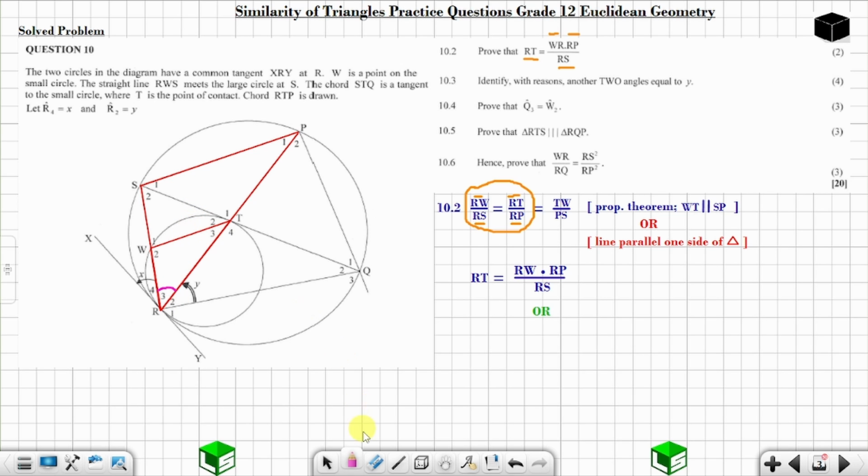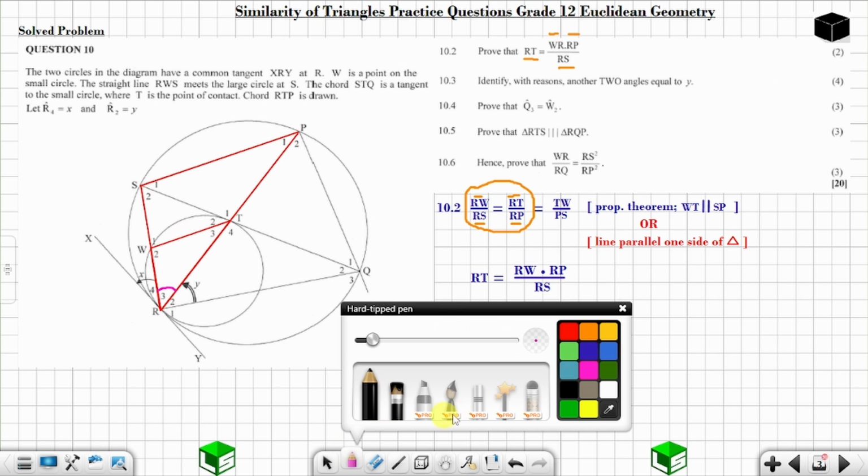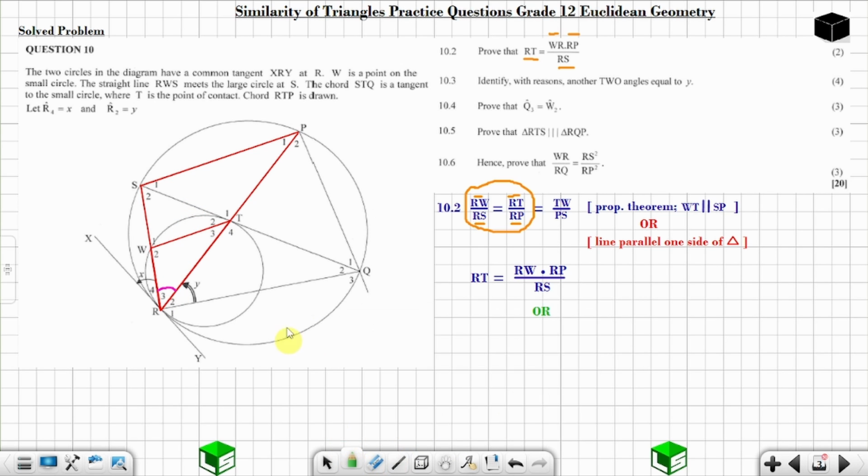And this angle is equal to this angle. This was proven. This angle is equal to x, and this angle is equal to x. This was proven in question 10.1.